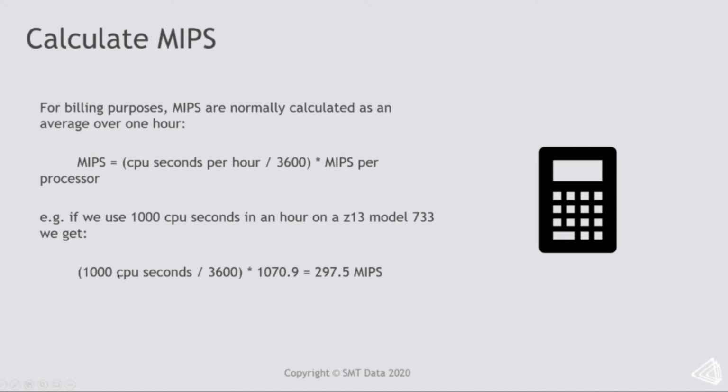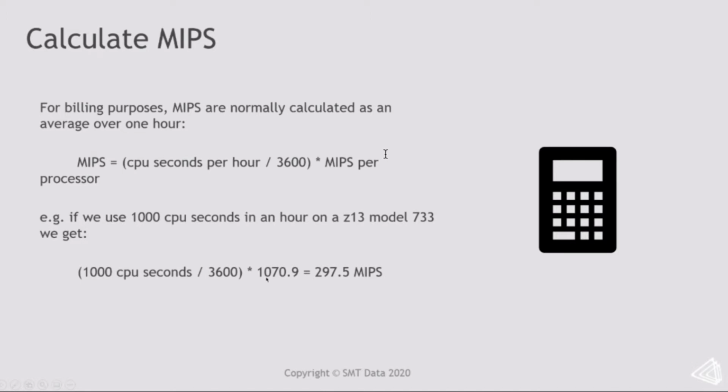So if we're using 1,000 CPU seconds, then for this model with a MIPS rate of 1071, we get 297.5 MIPS used. It's a fairly straightforward calculation. What's complex is how you get to this MIPS rate, and how you agree on it.